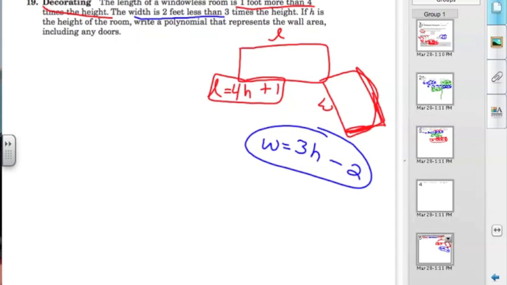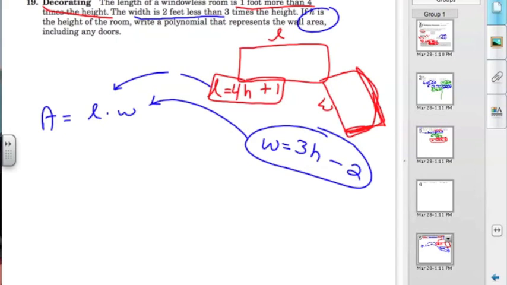Now, it says, please, if h is the height of the room, write a polynomial that represents the wall area. The key here is they're looking for area. And we know the area formula is length times width. So we have our 2 formulas, length and width. So we just substitute them in. A equals 4h plus 1. Sorry about that.